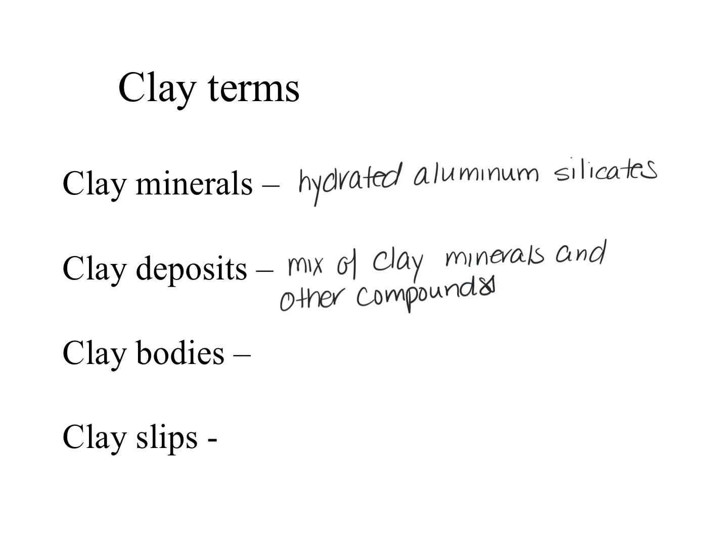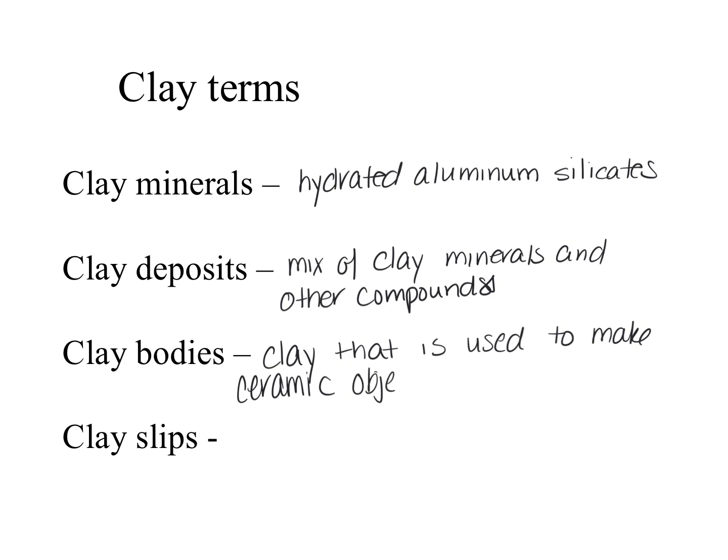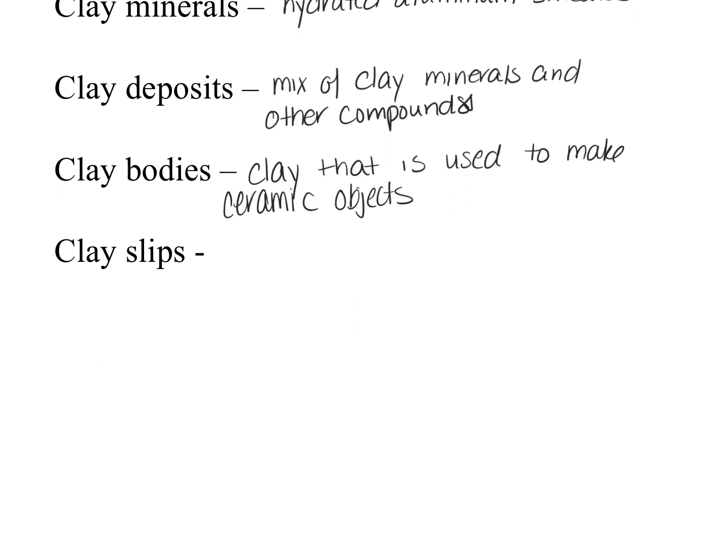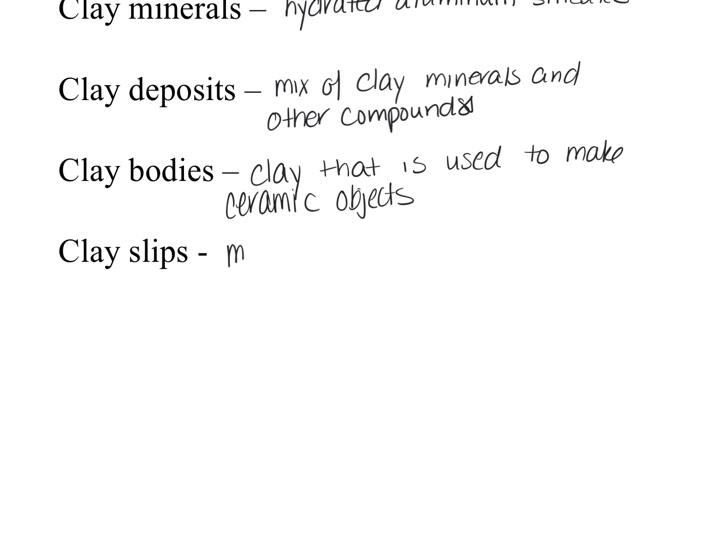When we talk about clay bodies, this is the clay that's used to make ceramic objects. And then we also have clay slips, which is a mixture of clay and water. So those are the different clay vocabulary words that you'll see throughout the rest of this module.